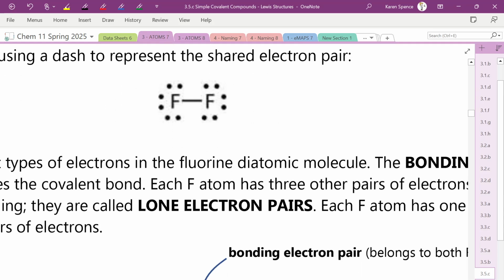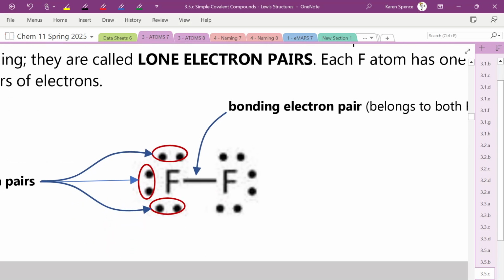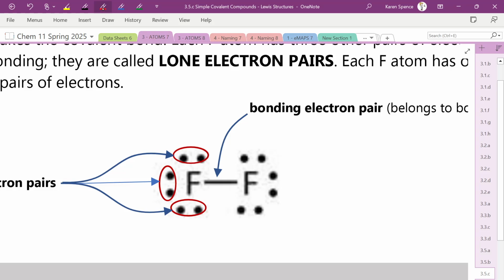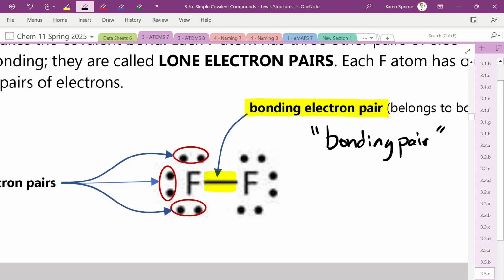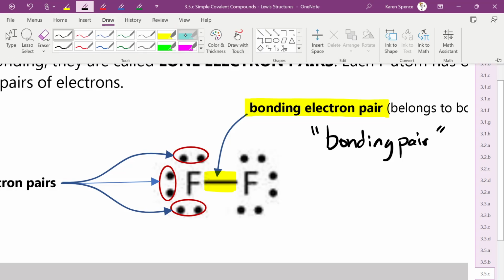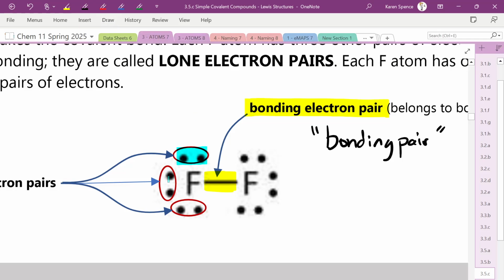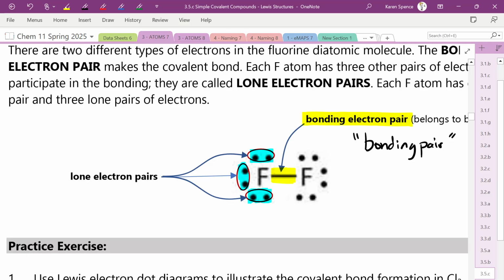Now, let's look at what we name these types of electrons. The electrons in the middle are called a bonding electron pair, a bonding pair. The electrons that are not bonding, non-bonding electrons, are called lone pairs.